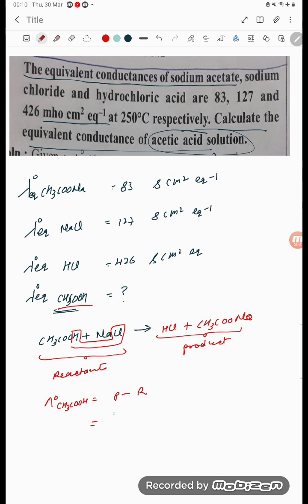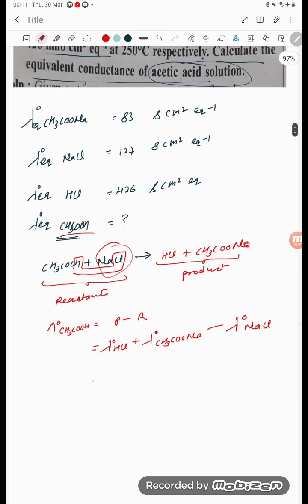What are the products? Lambda m naught of HCl plus lambda m naught of CH3COONa, minus the reactant, which one we have to take? NaCl I am taking, minus lambda m naught of NaCl. You place the values, then you will get the answer.